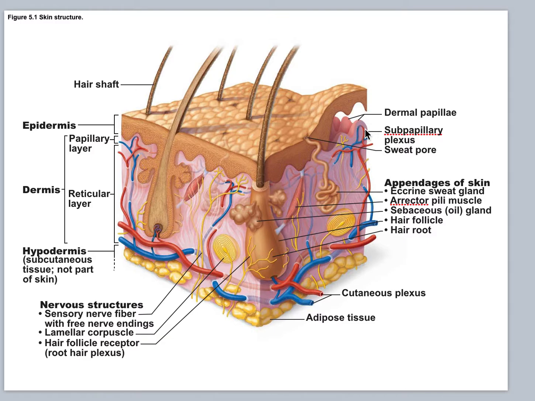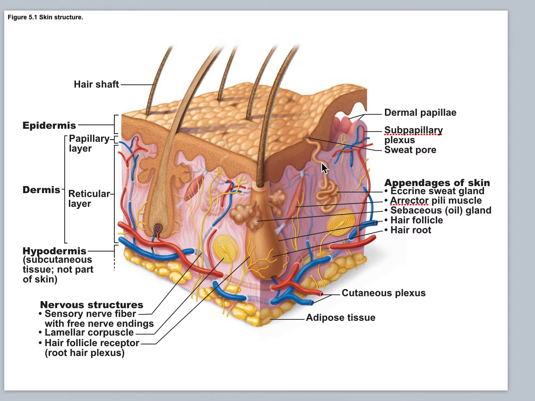Some of the other structures to look at is the dermal papillae. This has a peg-shaped surface on the upper portion of the dermis, and it interlocks with the same peg-shaped structure of the epidermis, and they lock together like Lego blocks. This is a sweat pore.